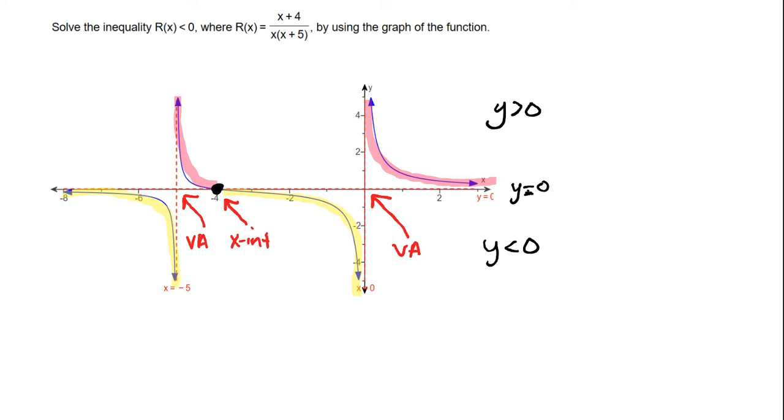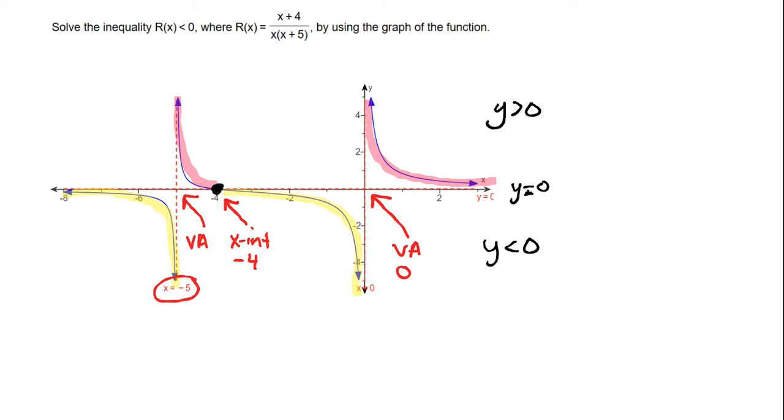That first vertical asymptote is occurring at x equals -5. That x-intercept is occurring at -4. The second vertical asymptote is occurring along our y-axis, which is an x value of 0.